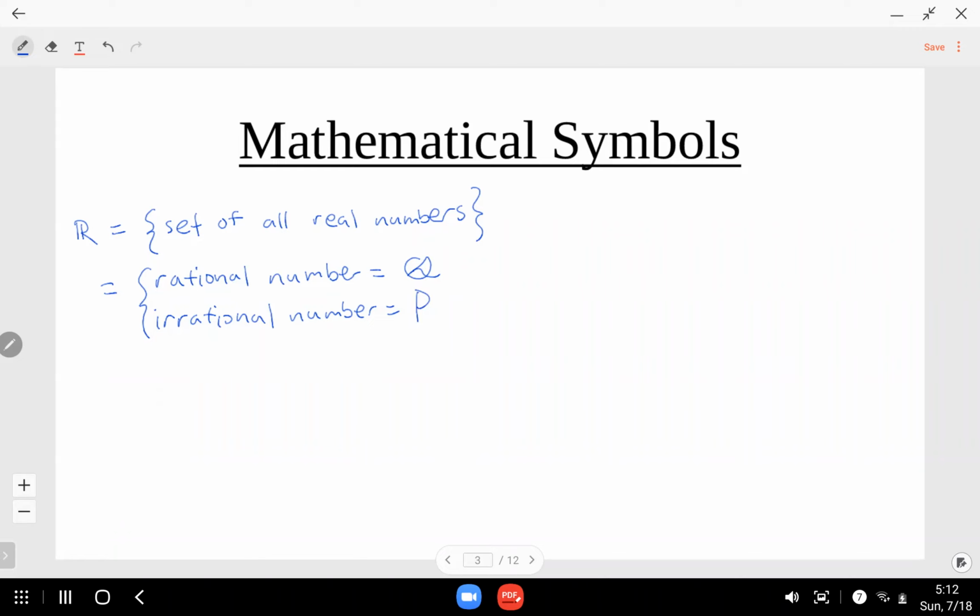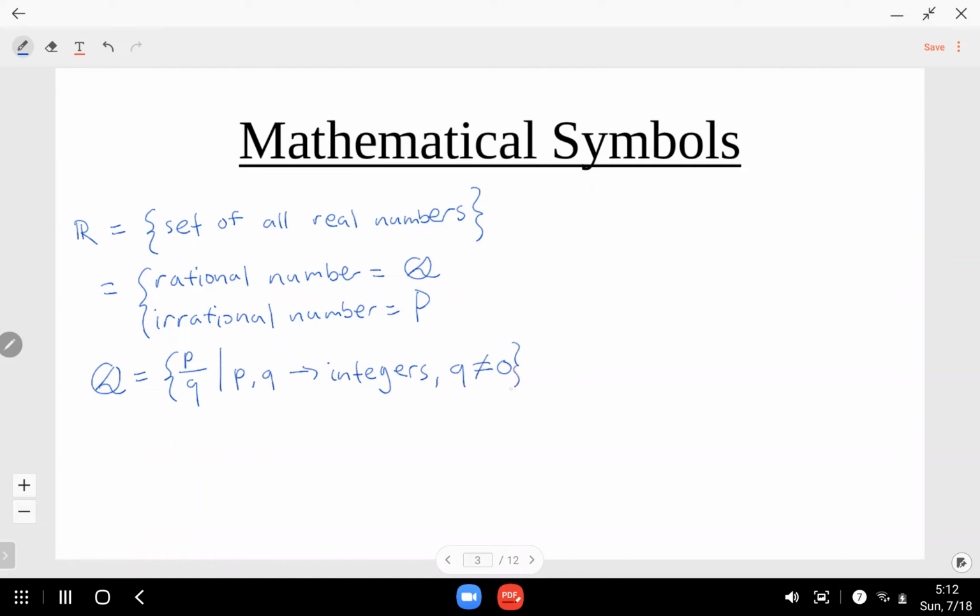All right, so now more about Q. As I said, rational numbers basically are, how to explain this? Okay, so rational numbers are P over Q, in which P and Q are integers, and Q does not equal 0.